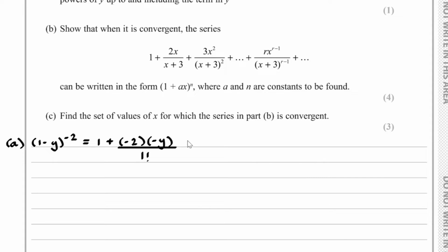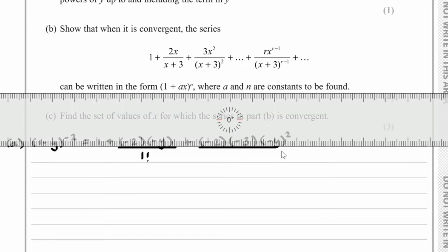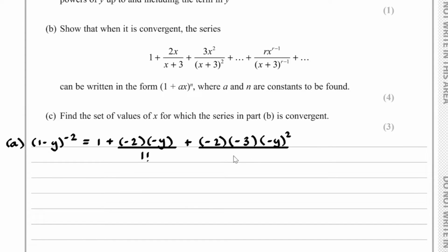The next term, we've got minus 2 multiplied by minus 3 multiplied by minus y squared, divided by 2 factorial.